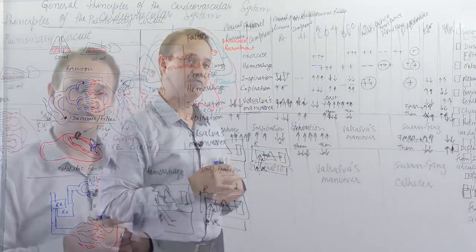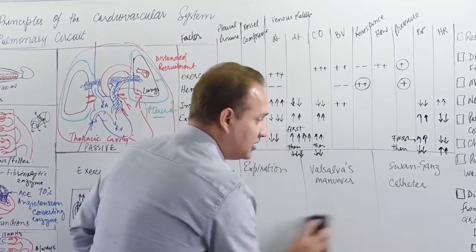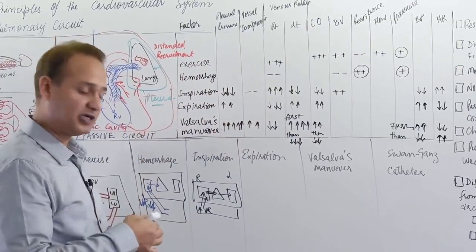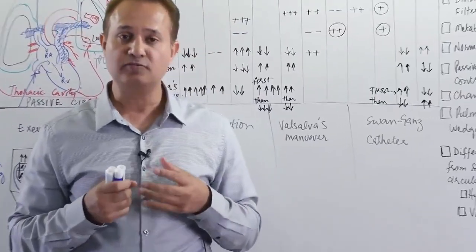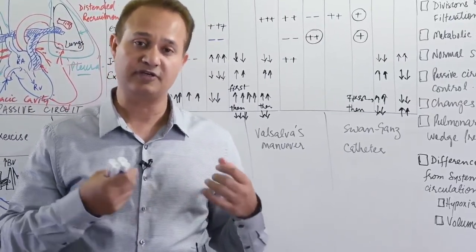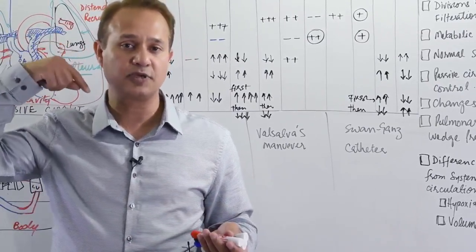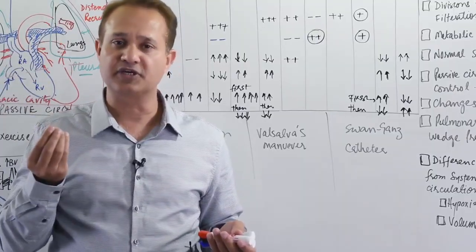Final topic for the day, which is an interesting topic, and that is the pulmonary wedge pressure. So look, what happens is that sometimes you need to measure the pressure on the left ventricle side. Right ventricle, you can send a catheter through the superior or inferior vena cava, most commonly the jugulars, and you can actually measure it.